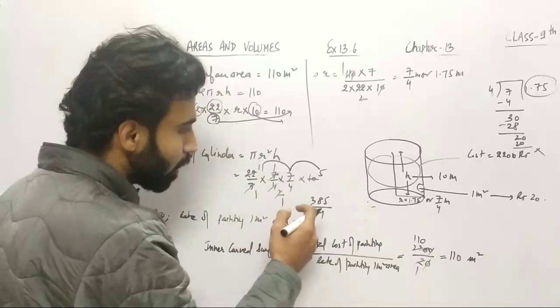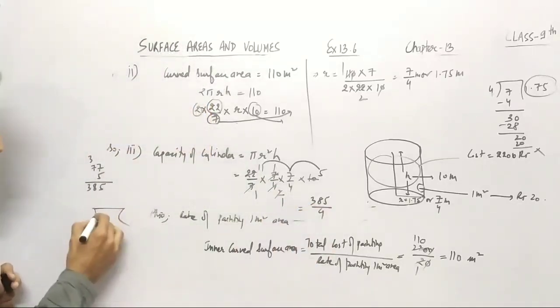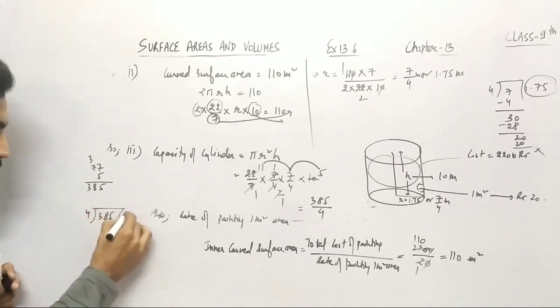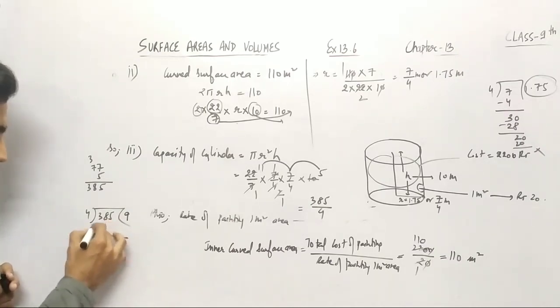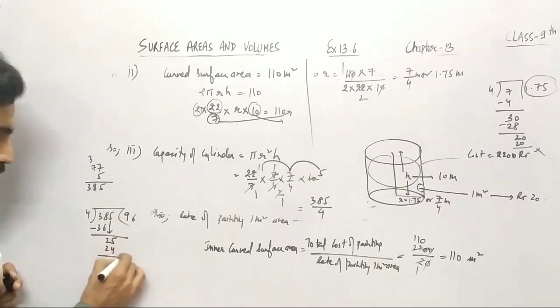So now what you have to do is simply solve this. So if you want to convert this into decimal, so if I just divide this, 4 9s are 36, right? So subtracting this, 8 minus 6 is 2, 3 minus 3 is 0, no need to write, so 5. Now 4 6s are 24, right?